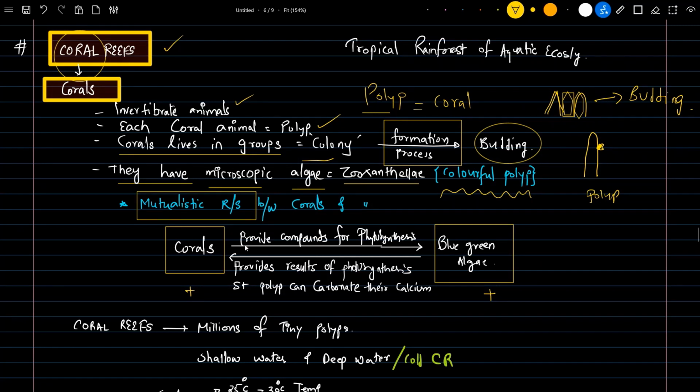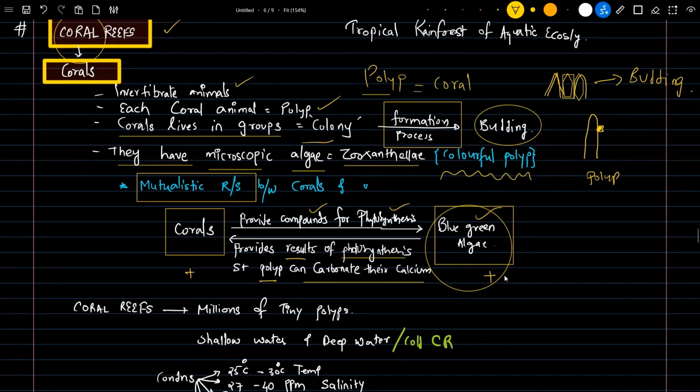Coral basically provides components to the blue-green algae, with which the algae is able to perform photosynthesis. Similarly, after performing photosynthesis, the zooxanthellae provides the results of this photosynthesis to the polyp so that it can carbonate its calcium. So here both are getting benefited, which is a mutualistic relationship.